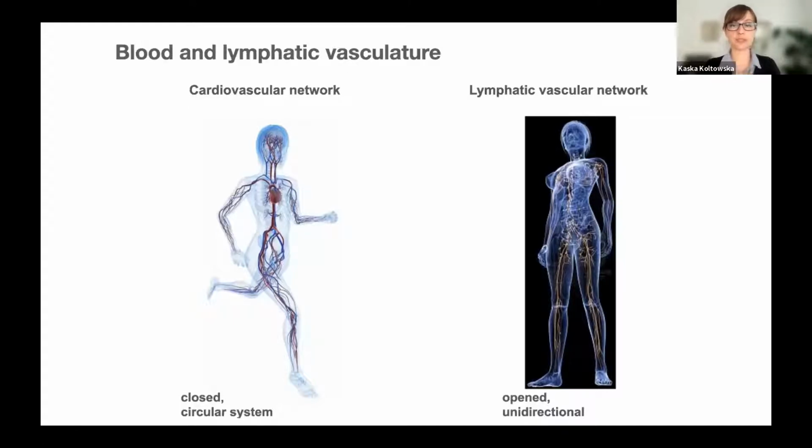And this is where lymphatic vessels come into play. They collect this fluid that leaks out of the cardiovascular system and bring it back. Therefore, lymphatic vessels are built as a unidirectional system of vessels. It's an open system and not a closed circular system. So there are clear differences between these 2 vascular networks.